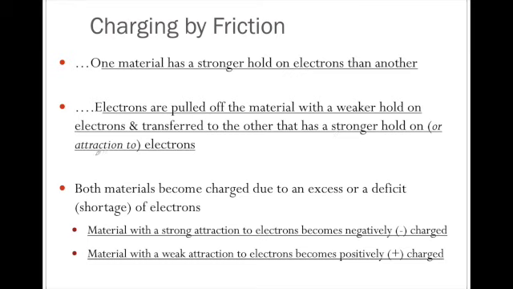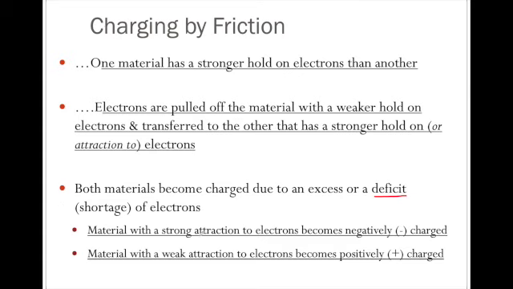We have to be careful when we start using this term attraction, because we're using this word to refer to charged objects. So be careful when we use this word attraction, but basically you can picture it like electrons being pulled from one material to the other one, right? They both get charged due to the excess or deficit. Remember that deficit just means not a lot of, or a shortage of electrons, okay?